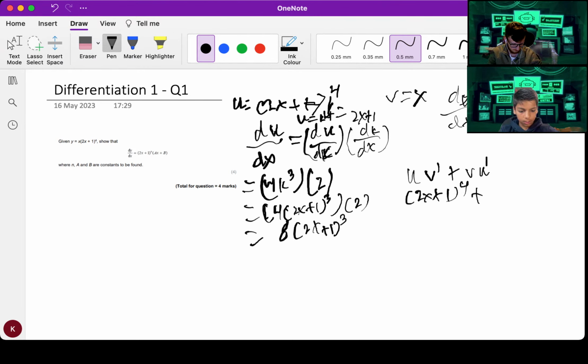Plus v times the derivative of u, that is x times 8 times (2x plus 1) cubed.